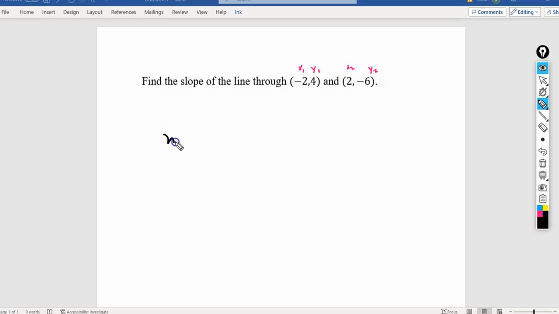And so the slope is going to be the difference of the y's, and it's the second one minus the first one, divided by the difference of the x coordinates, the second one minus the first one. So it's going to be -6 minus 4, all divided by 2 minus -2.